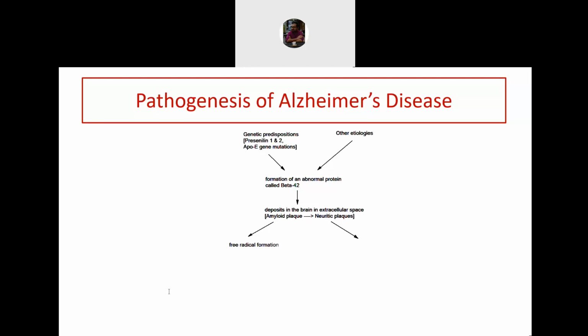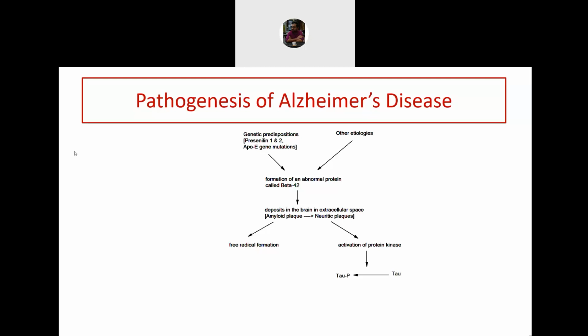On the other hand, they cause activation of protein kinase. The protein kinase, as the name tells you, causes phosphorylation of protein. It phosphorylates a protein known as tau into a phosphoprotein, tau phosphate.